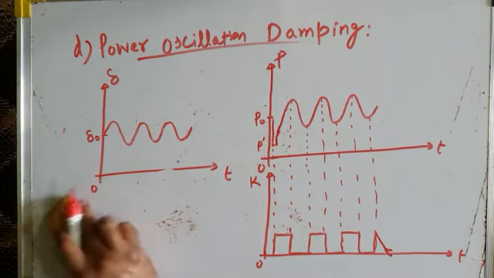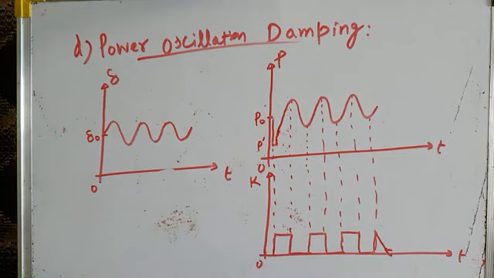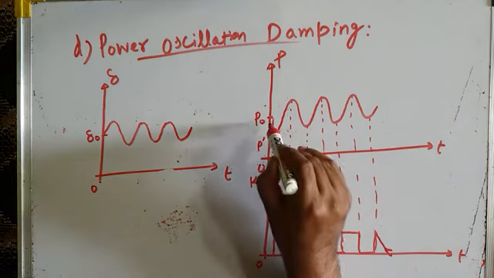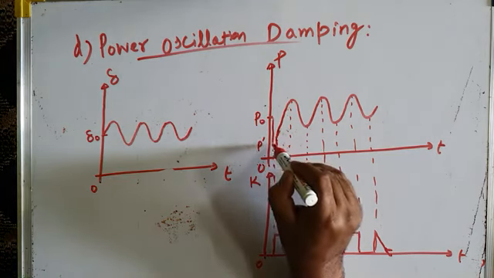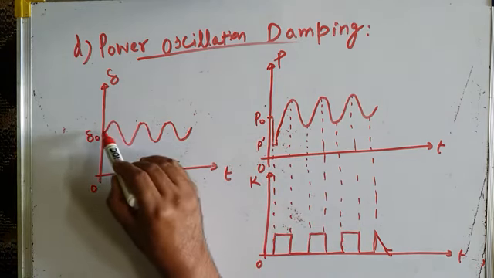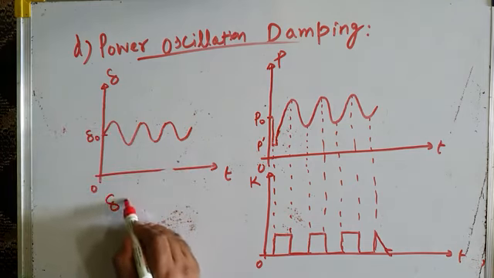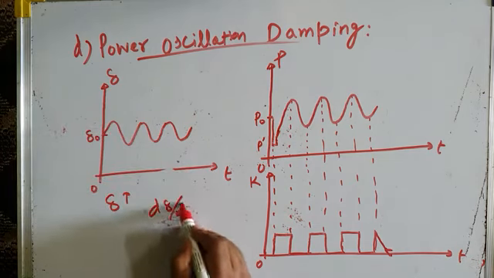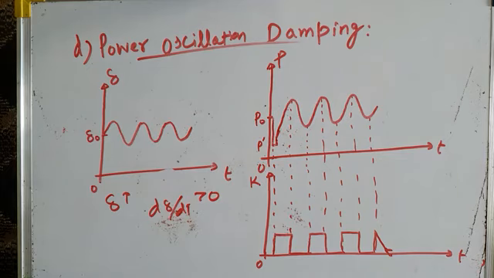Let me try to explain how the series compensation damps the electromechanical or power oscillations quickly. Initially, power has reduced due to some fault or some disturbance. Momentarily, it has reduced. That has resulted in acceleration of the machine, and delta increases. When delta increases, that means d delta by dt is greater than 0.